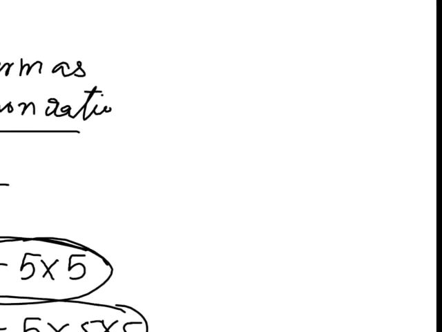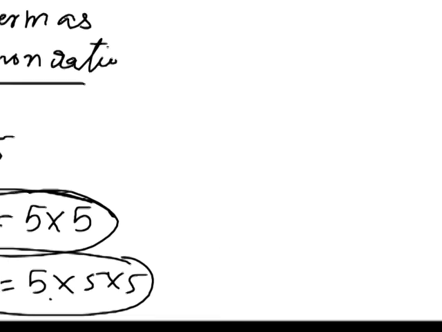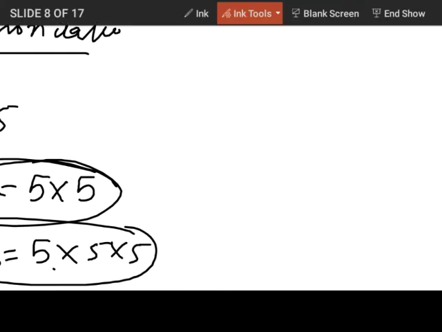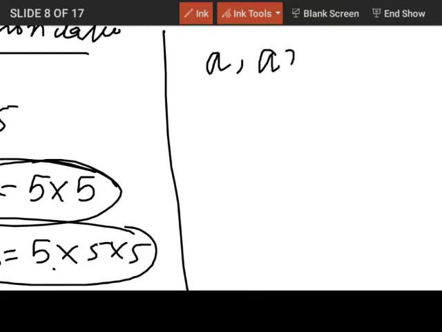Now if I want to generalize it, like I have taken the first term a and the common ratio r, so I can construct a GP like this: a. Now tell me the second term, if the common ratio is r, everybody: ar. What would be the third term? ar multiplied by r, which can be written as ar squared.